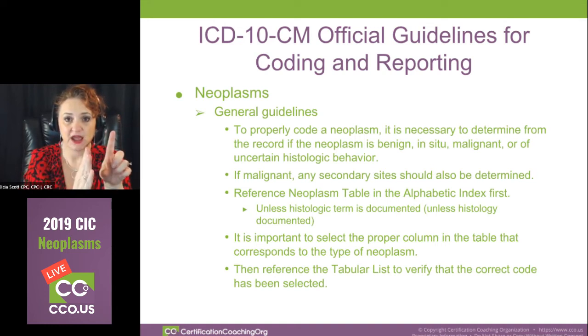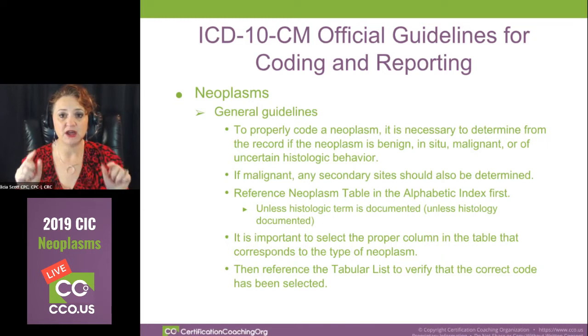Malignant, and then the malignant will be the first, primary. Then it'll say secondary malignancy. Then it'll say benign. Then it'll say cancer in situ, and then we'll get into this uncertain behavior. So ultimately, all you have to do is connect it. This is the code that we need to use.